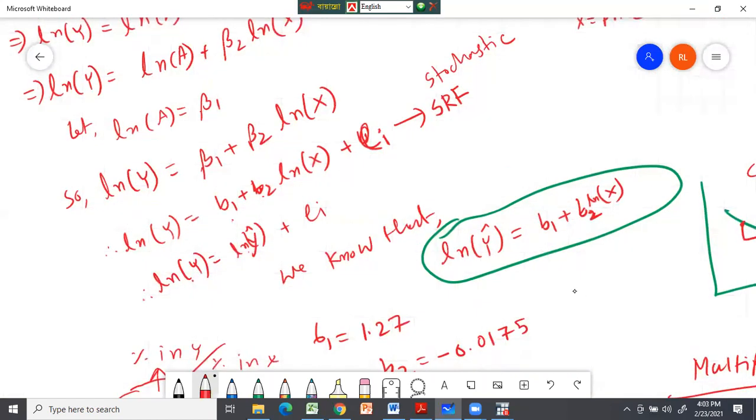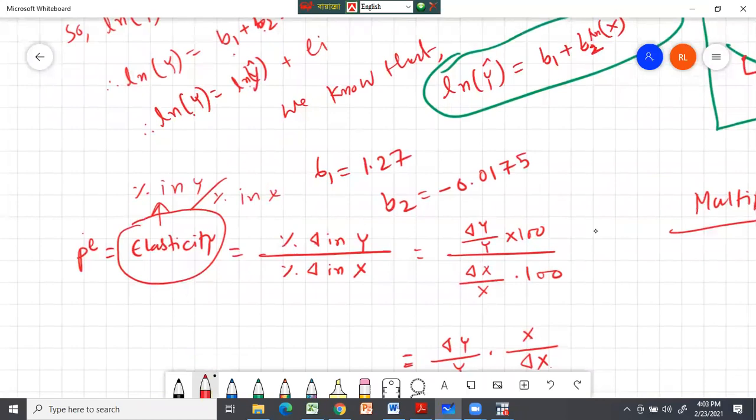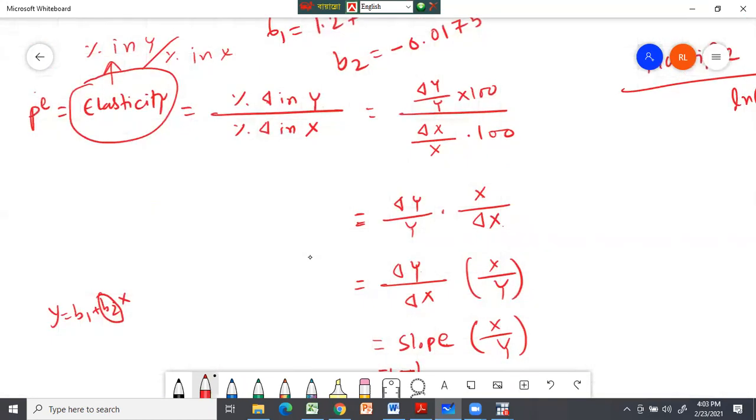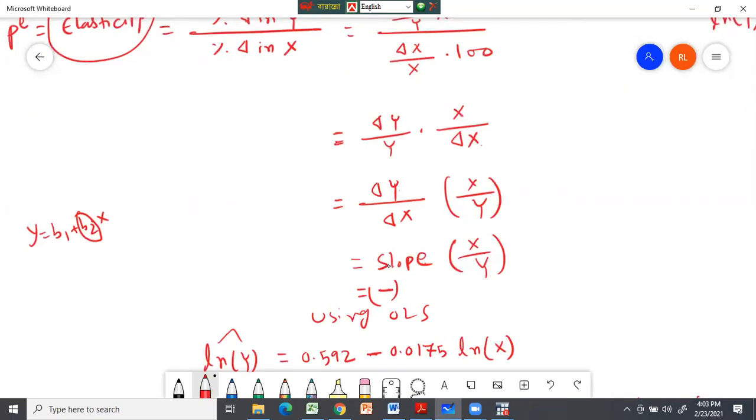I also showed you that when we measure the elasticity coefficient, it shows the percentage change in Y due to the percentage change in X. After the calculation, in the last line, I gave the slope multiplied by X over Y. There would be more than one value of X and more than one value of Y.